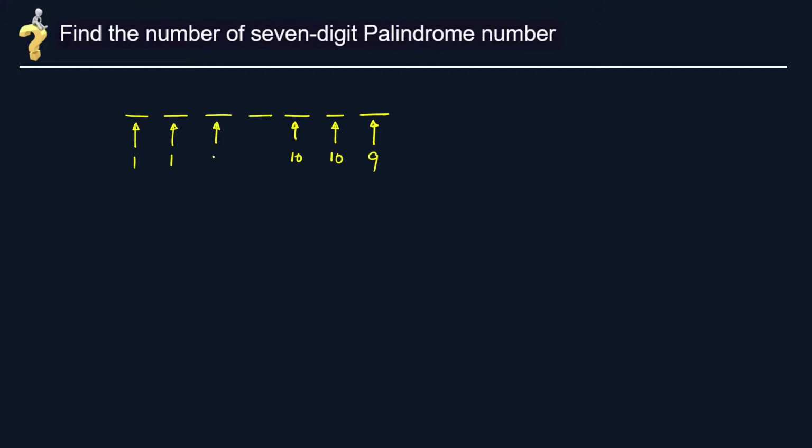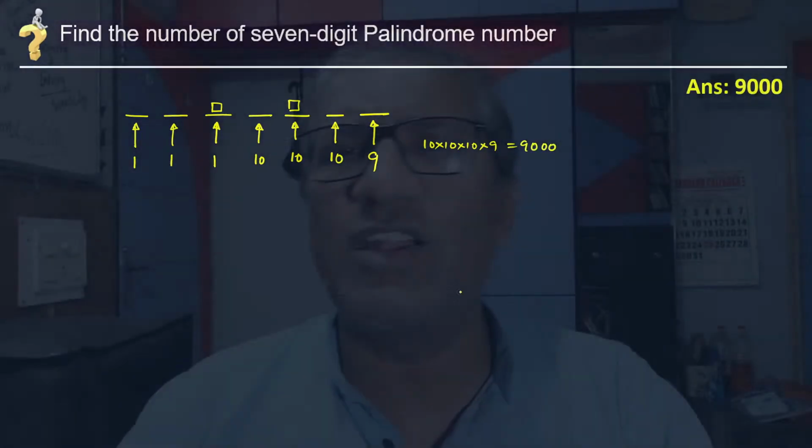This place will be filled in only one different way, because whatever number you are putting here, you are putting the same digit here. Now, this place can be filled in 10 different ways. Therefore, total number of 7-digit palindrome numbers that can be formed is 10 into 10 into 10 into 9, which again gives us 9,000. Is it clear or not?